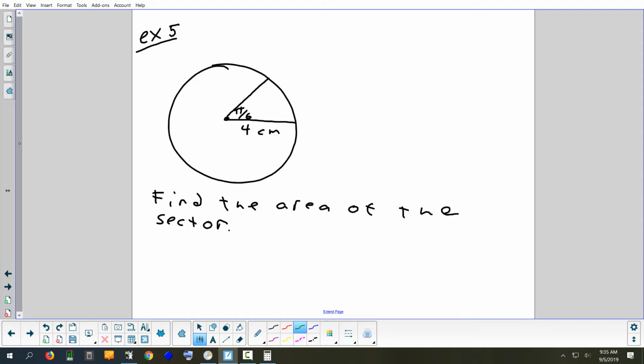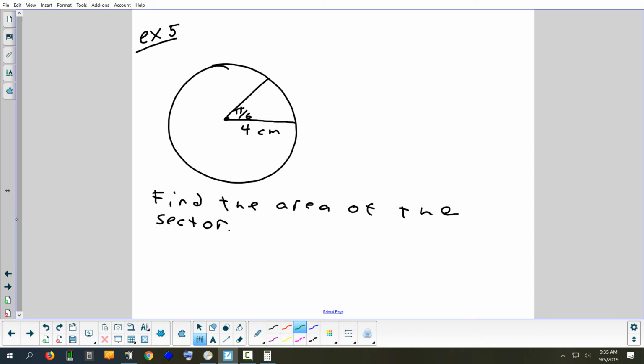Arc length or area? Arc length. Yeah, because the problem says, no, wait, did you say arc length? Oh, yeah. No, you're trying to trick me, don't do that. So, let's go with the second option because it's not the first option. So find the area of the sector. Okay, area. Use the area formula.